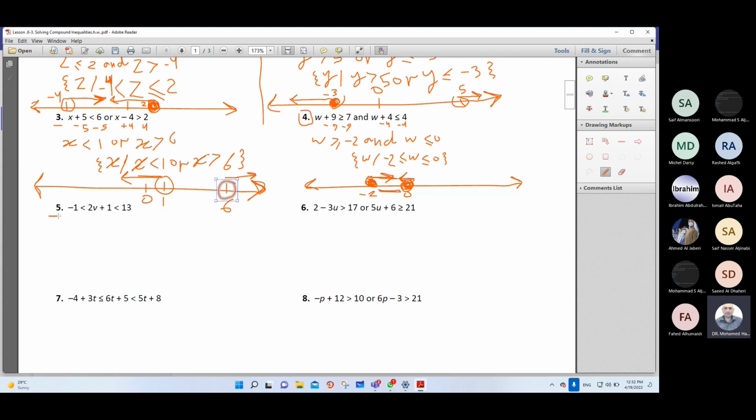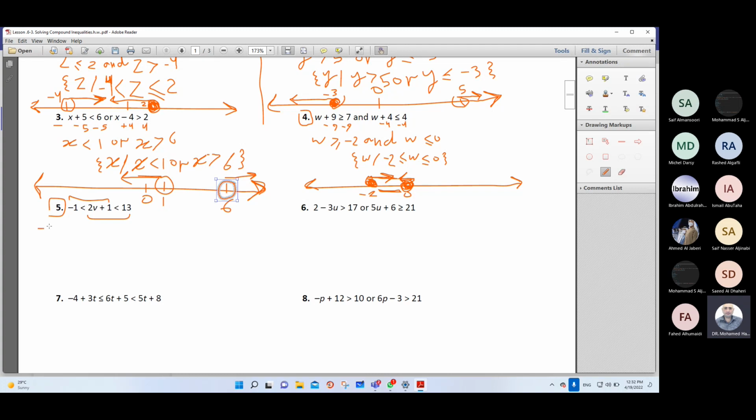Now I want from all of you to try number 5, to try to solve number 5. Here, as you see, we have a compound inequality. This is the first part and this is the second part. So we can separate.